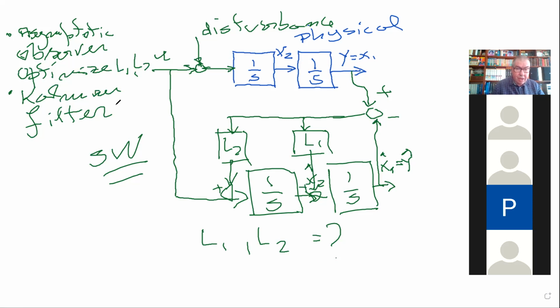Now, what we are going to do is to learn systematically how to design this L1 and L2 such that the error goes to 0 according to some poles.